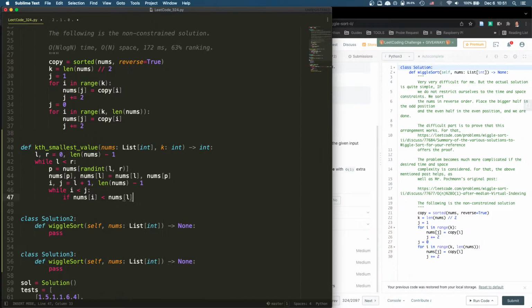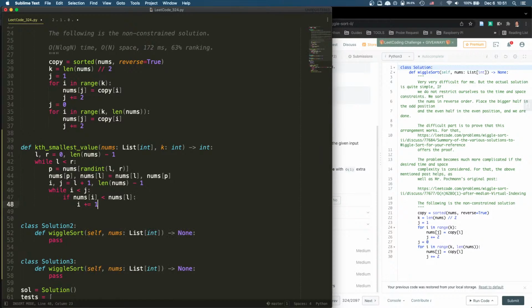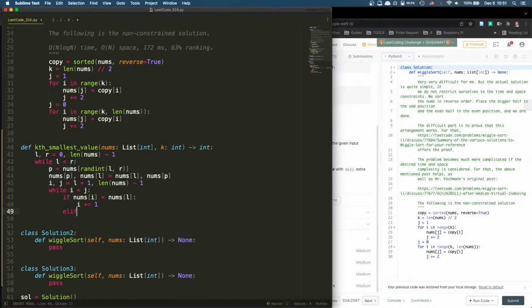If nums I is smaller, then we just simply move I forward because this position is right. So we say I plus equal 1. What if they are the same? The same is fine.